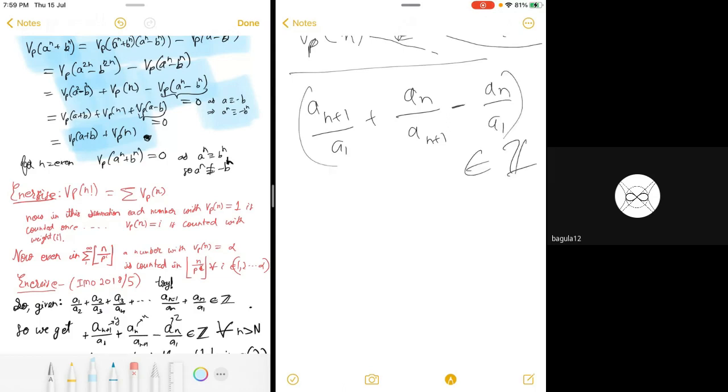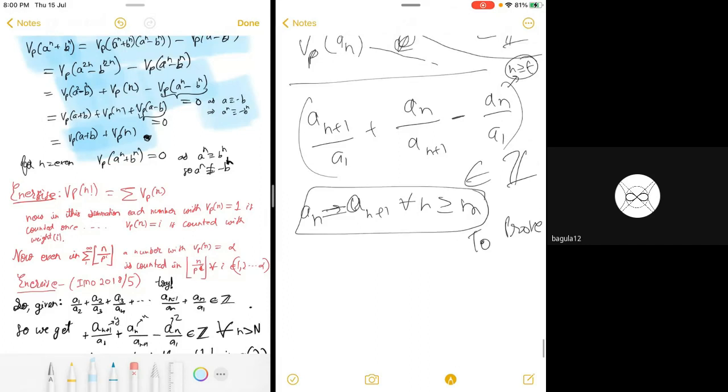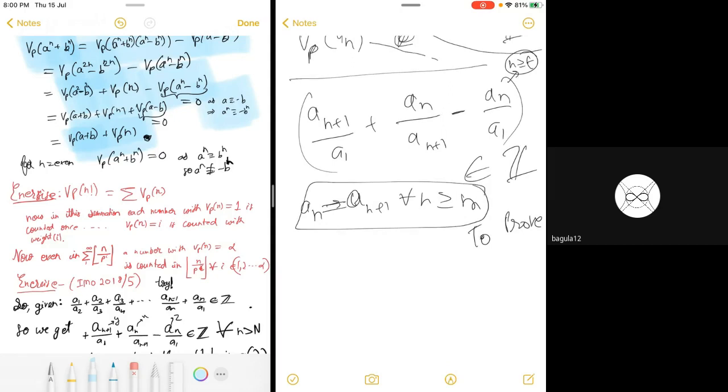This is true for all n greater equal t, suppose, and you have to prove that An is eventually constant, like An is equal to An plus 1 for all n greater equal some m. This is what we have to prove. I'll just give a hint.